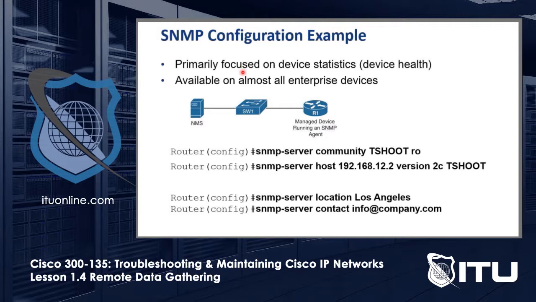Now we're primarily focused on device statistics, device health. With SNMP, we know that we have a MIB, a management information base. It's a series of questions basically that are appropriate for the device to get a snapshot of how the device is doing at that moment, which is why it's good for checking device health, and then we can gather trends over time.